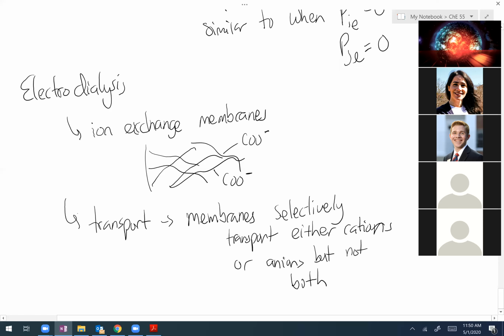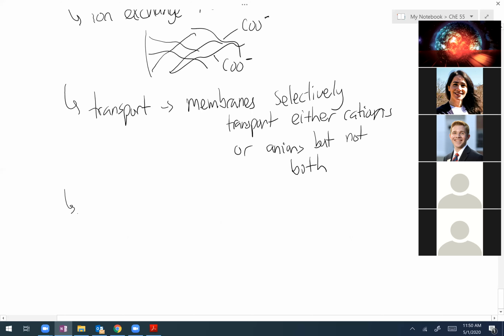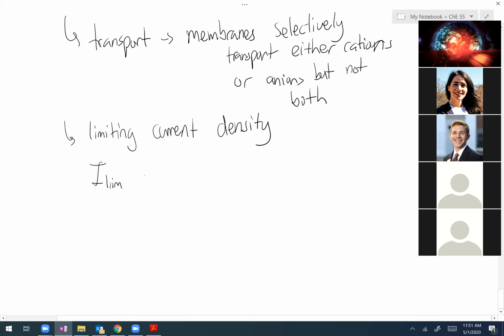We can determine a limit to our driving force by our limiting current density. You heard about this, where our limiting current density is governed by this equation.